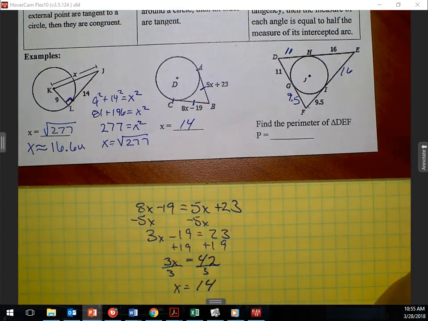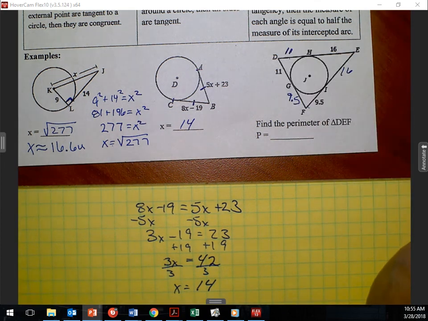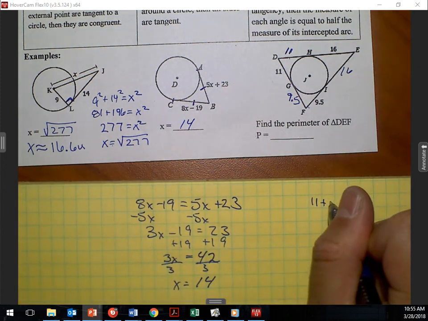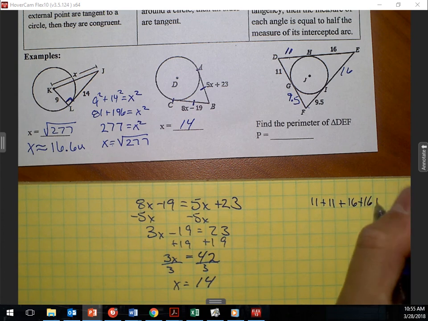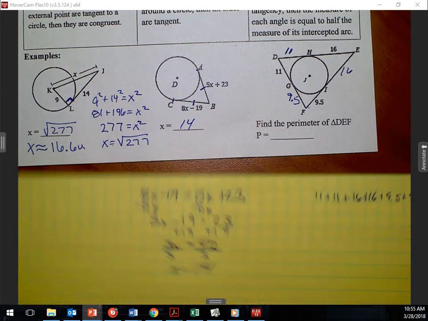Now, it's asking for perimeter. What does perimeter do? The outside, you add them all together. So please do that for me now. So it's 11 plus 11 plus 16 plus 16 plus 9.5 plus 9.5, right? 73.